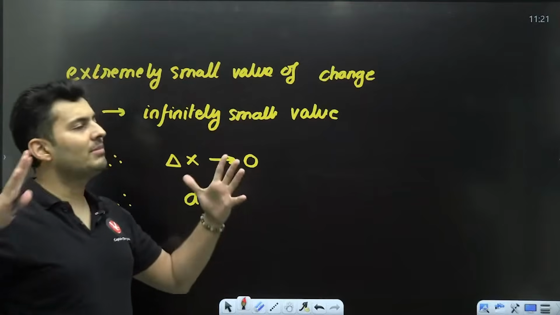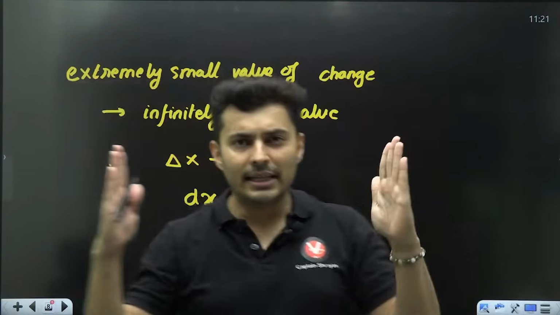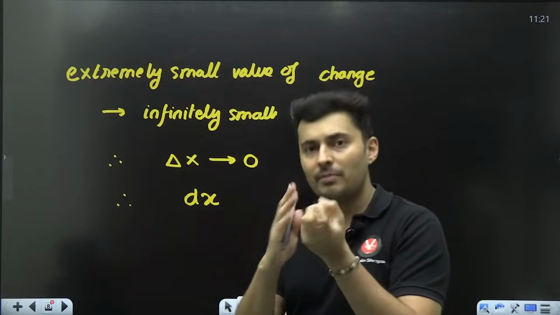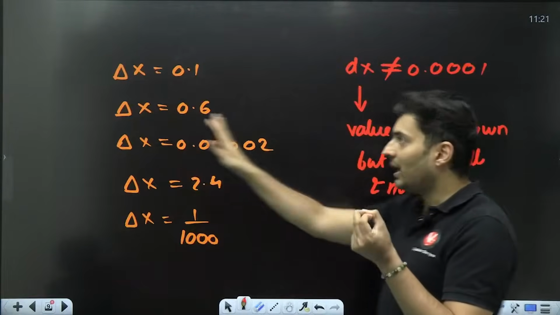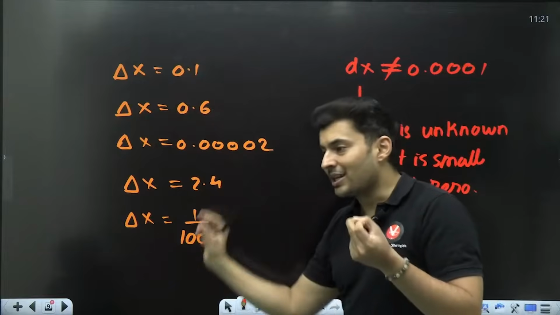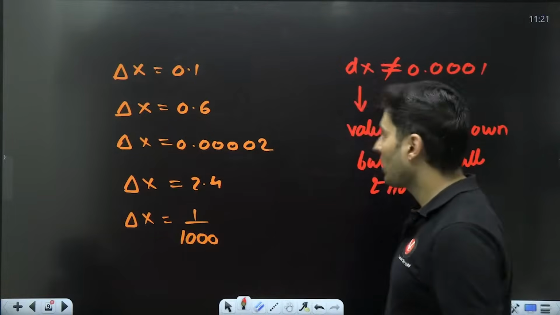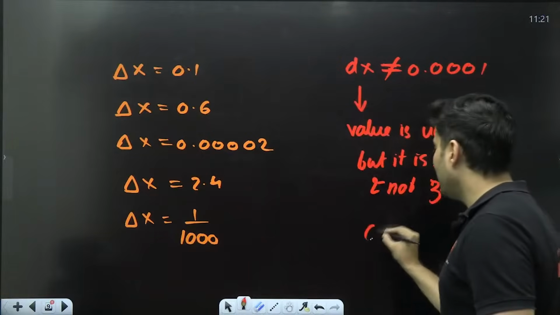So when the value becomes extremely small, I say delta x tends to 0. I represent it as dx, but dx does not have a value, unlike delta x, which can be written down as a number.